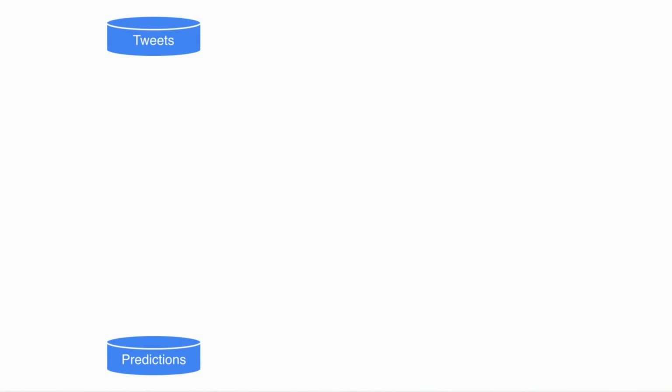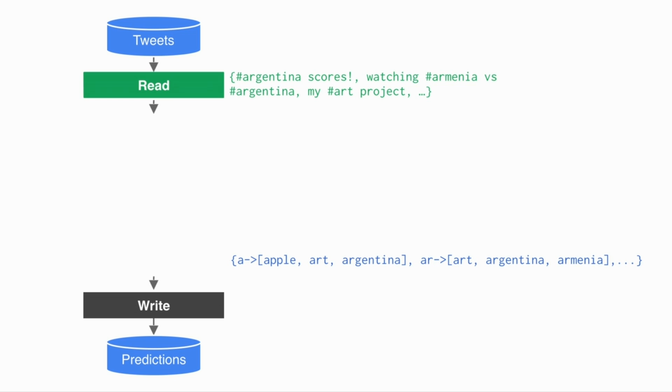So I know where I'm starting from and where I'm going to. I'm starting from this big batch of tweets that happened yesterday. And at the end, I want to produce predictions that I can write out somewhere where my app can read it. So we want to start off by reading these tweets. So we read a whole bunch of tweets.